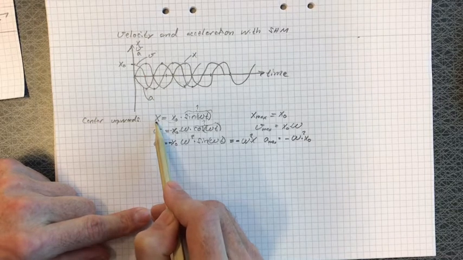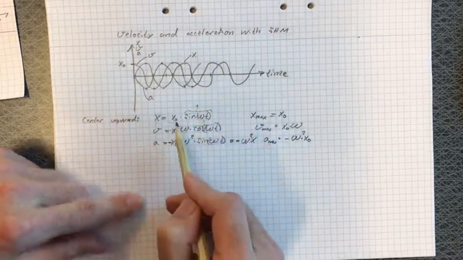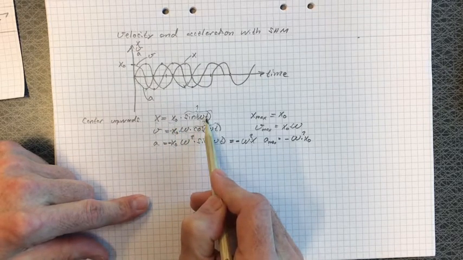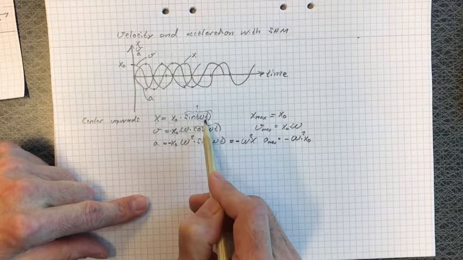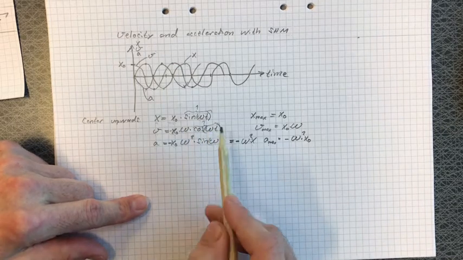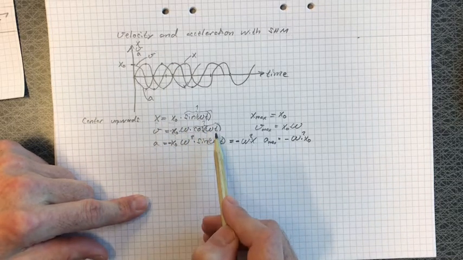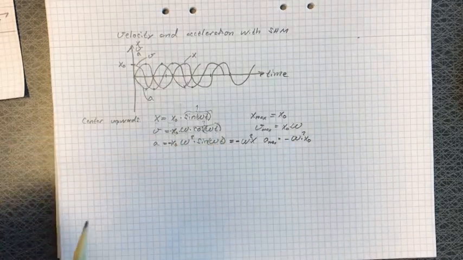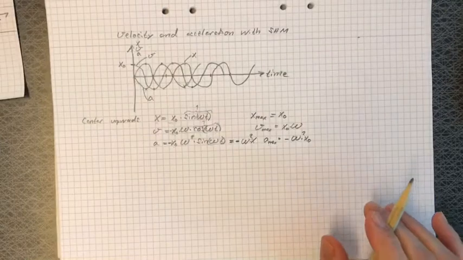And if you have the displacement and you also know the amplitude, then you can calculate a time with the inverse sine function. It's a little bit complicated. And then you can put in the time here. But there is a shorter way, and I will not show you the reason for it. You can find it in the book.